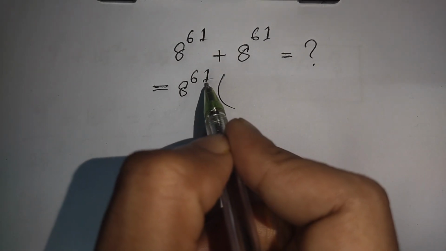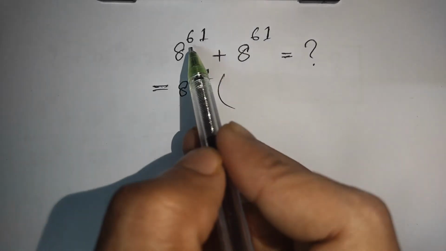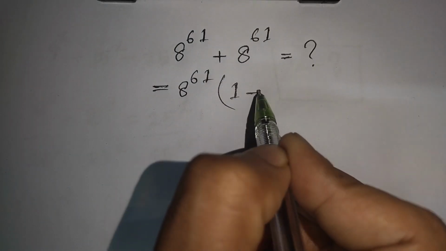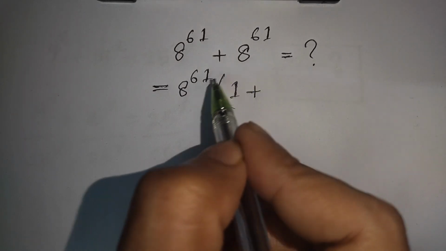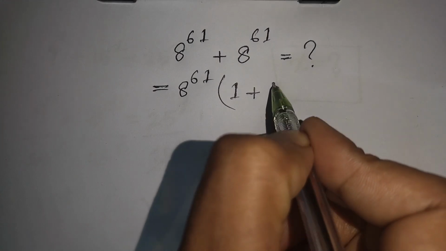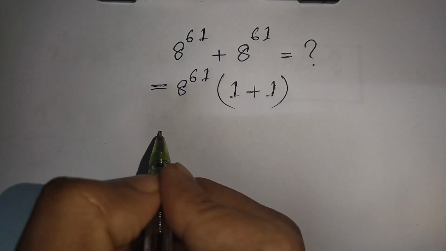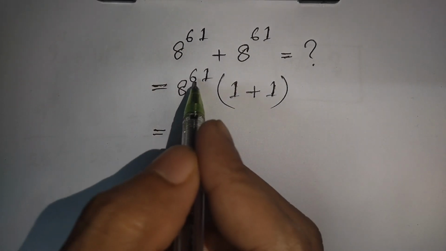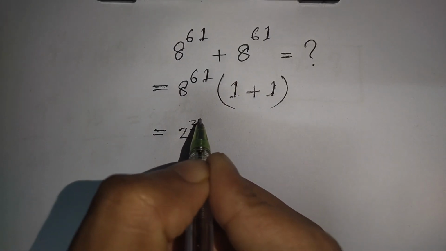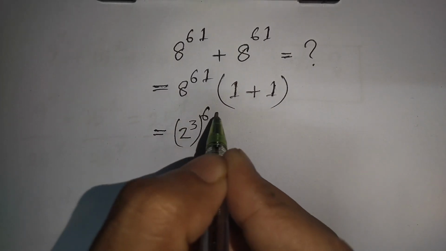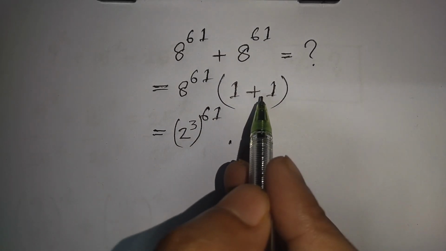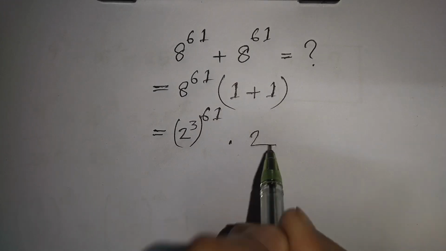Then 8 power 61 divided by 8 power 61, that means 1, plus then 8 power 61 divided by 8 power 61, that means 1. Then 8 to the power 61 is same as 2 to the power 3 bracket power 61, times 1 plus 1, that means 2.